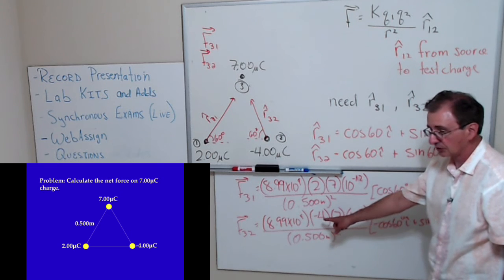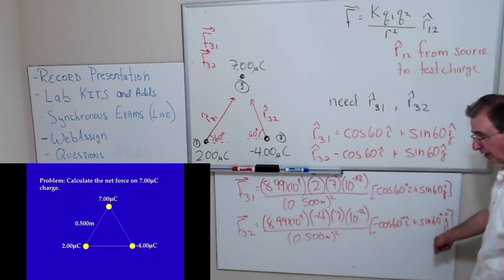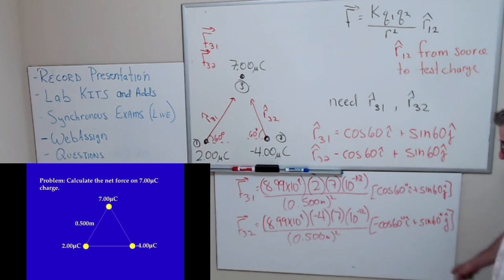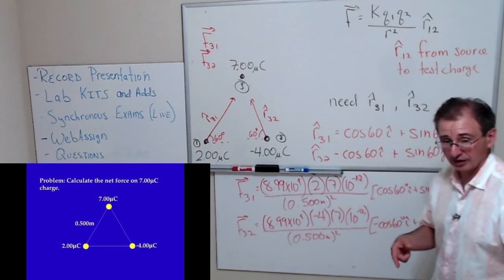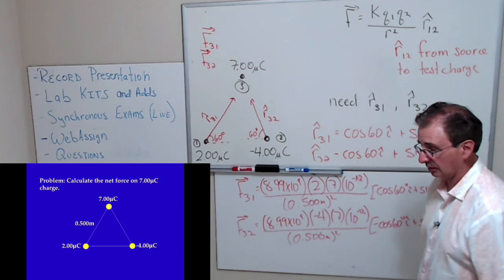If you distribute that -4 all the way through, you will see your components of the force will have the same signs as the case when we did method 1.